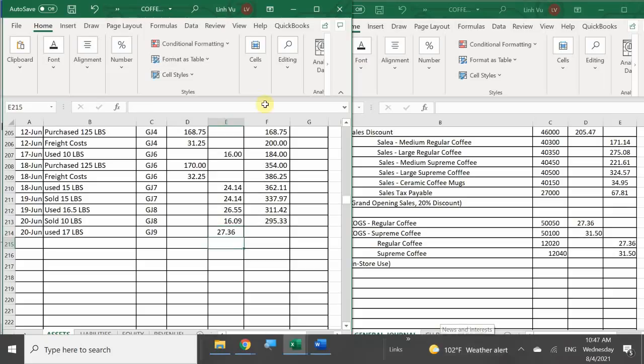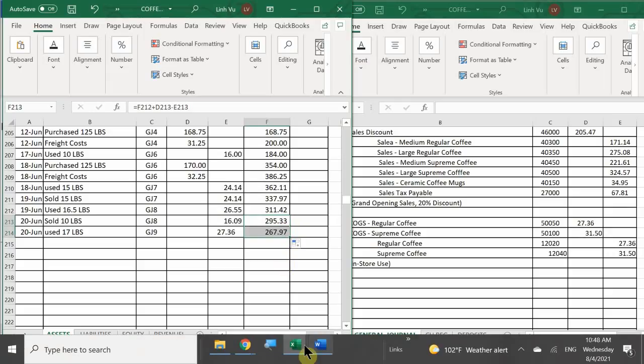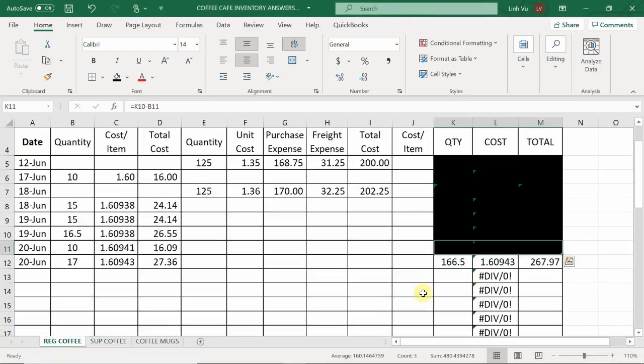So therefore, what is going to be my running balance in my regular coffee account? 267.97, which should be the total amount in your inventory worksheet, which is 276.97. Okay.